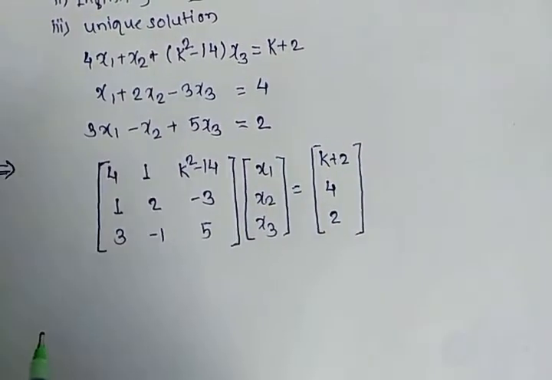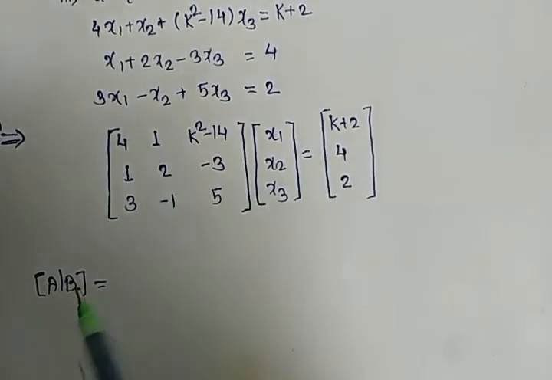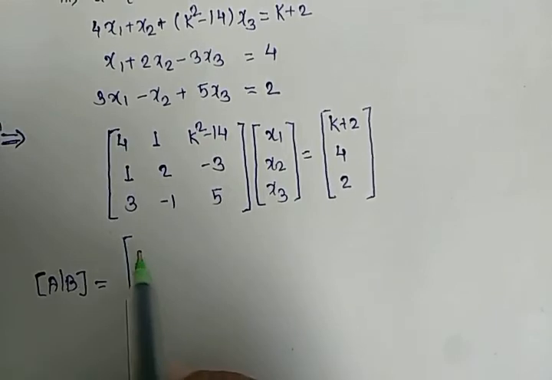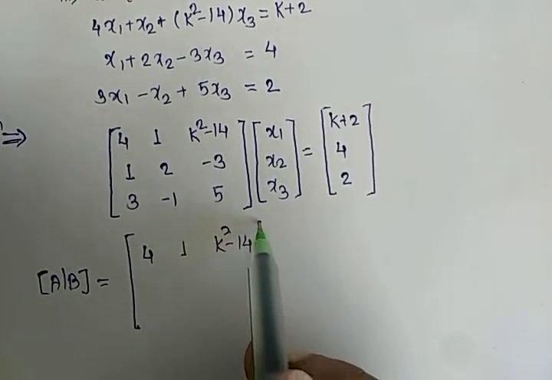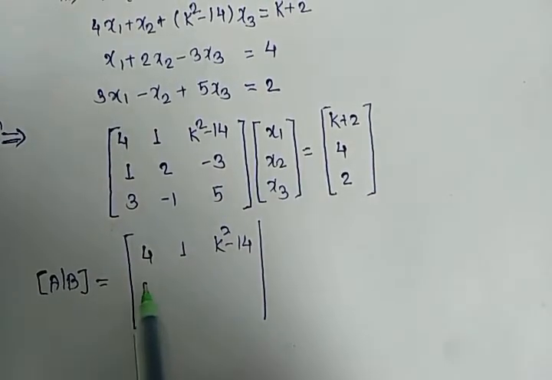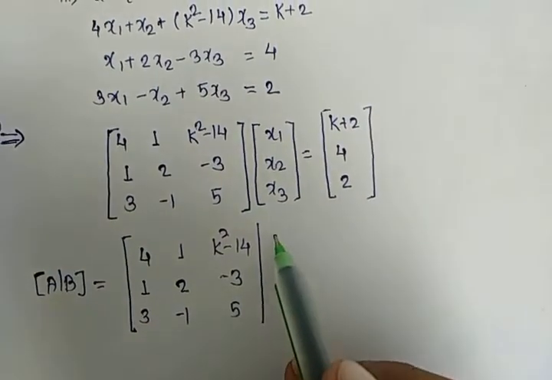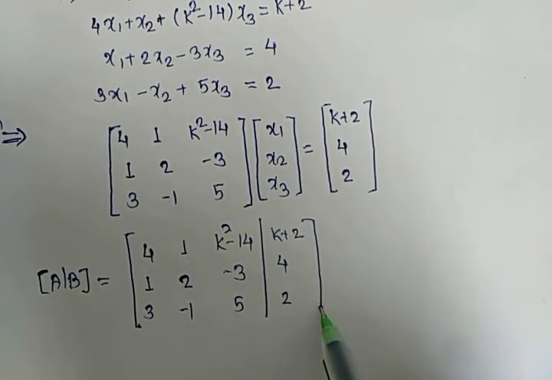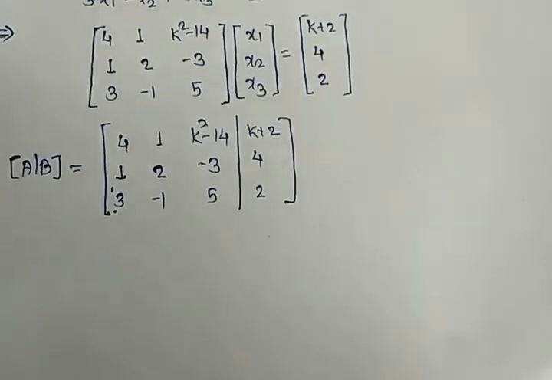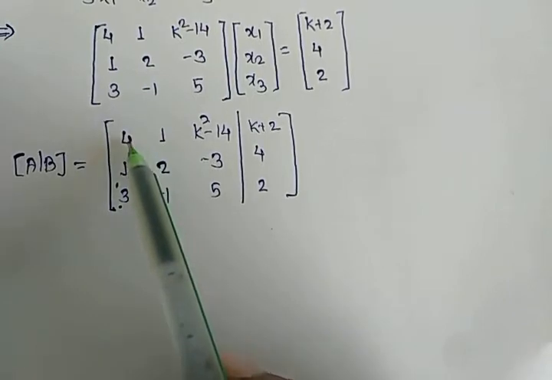Now consider the augmented matrix A augmented B, which is the matrix 4, 1, k square minus 14; second row 1, 2, minus 3; 3, minus 1, 5; with k plus 2, 4, 2. This is our augmented form. In this example, the A21 position is 1 and here it is 4.